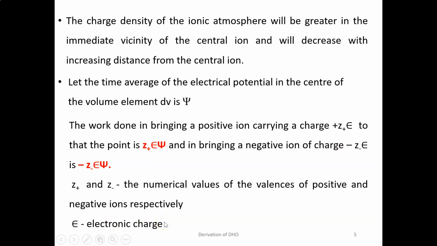In most cases, you may be familiar with the electronic charge in coulombs, that is 1.6 x 10^-19 coulombs. But usually in our electrochemical theories, we will be using the electrostatic unit, which is different from the coulombic unit.